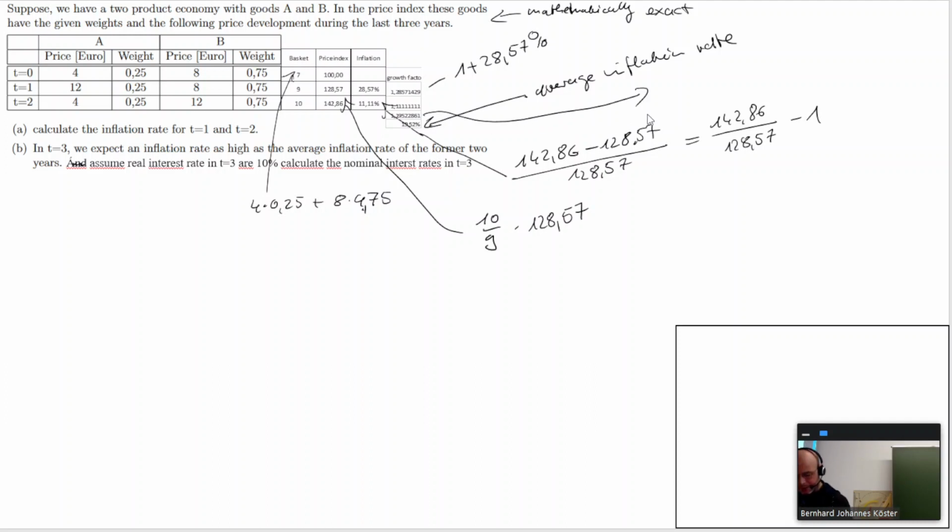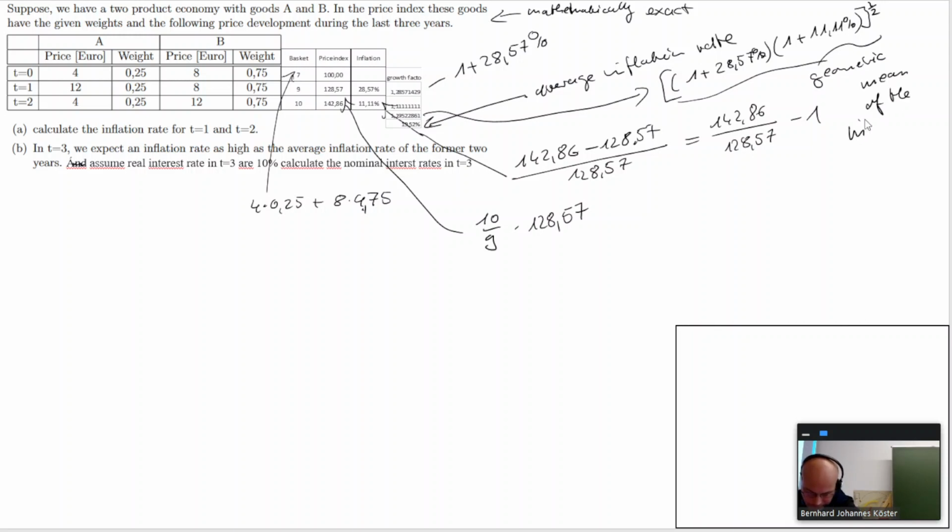The average inflation factor is then 1 plus 28.57% times 1 plus 11.11% and taking the root, because this is the geometric mean of the inflation factors.